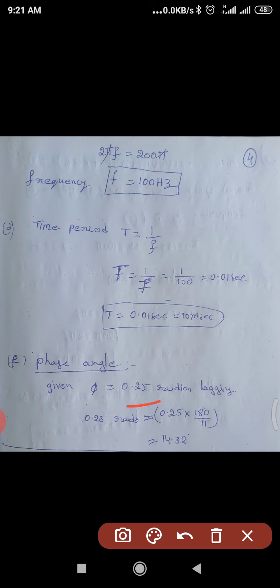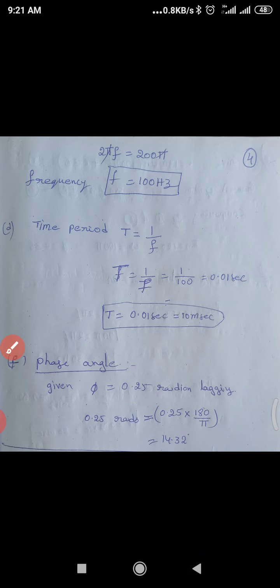Actually we have to calculate the phase angle in degrees, but here it is given in radians. That's why we are converting into degrees, that means 0.25 into 180 by pi. This gives 14.32 degrees, which is the phase angle of the given cycle.